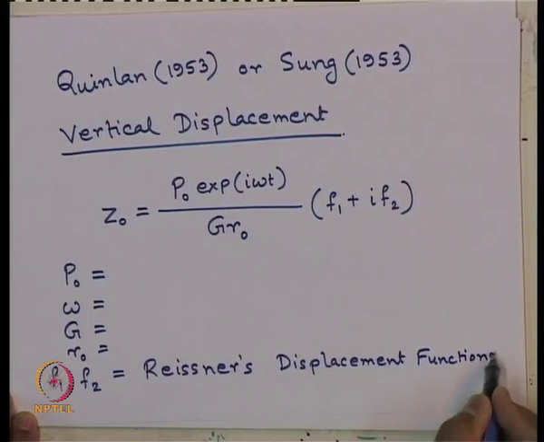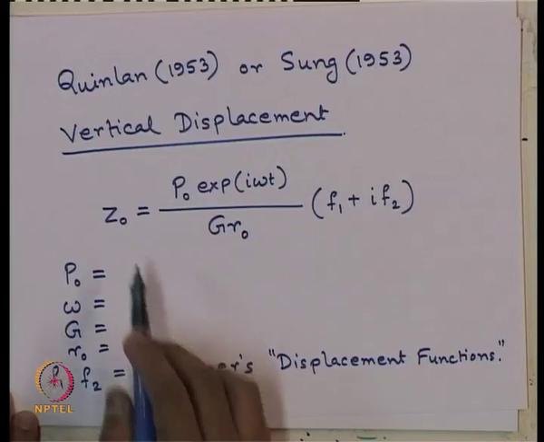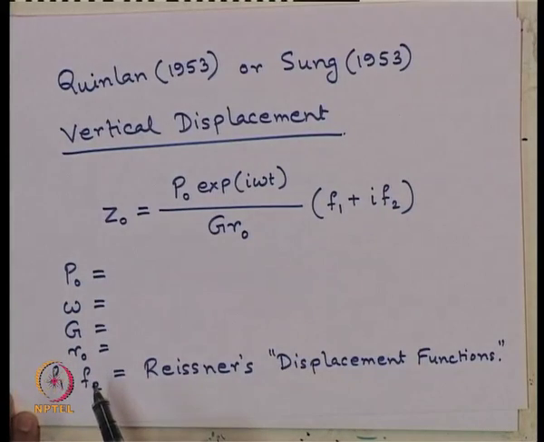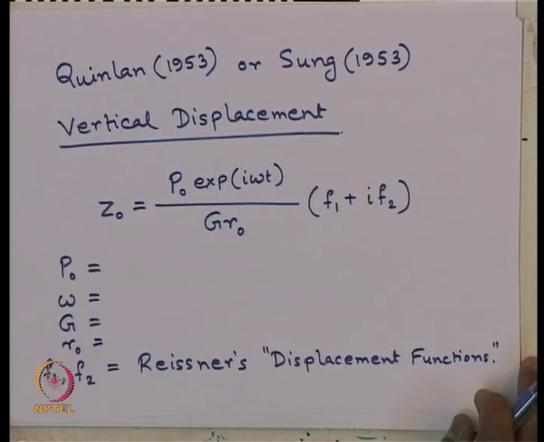So, Lysmer's displacement functions are used in the expression to get the vertical displacement of such machine foundation when it is subjected to vertical mode of vibration.